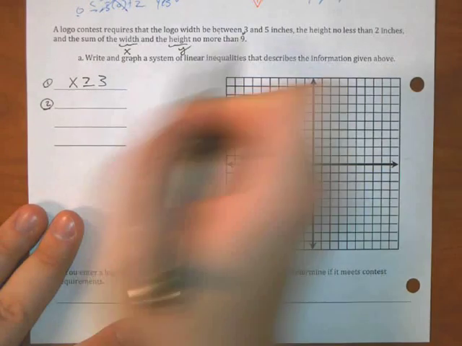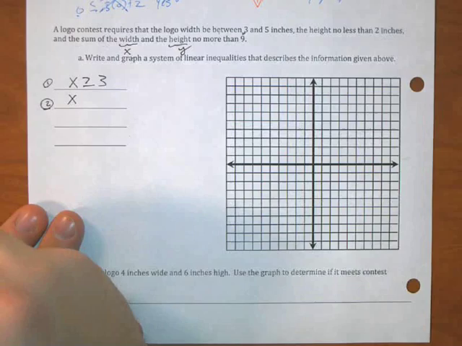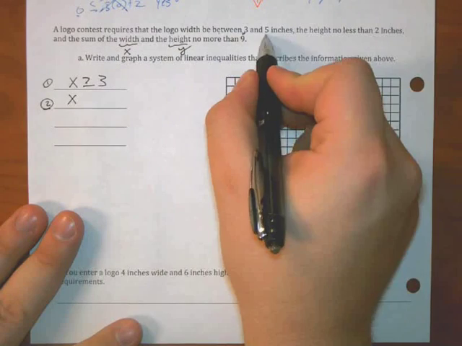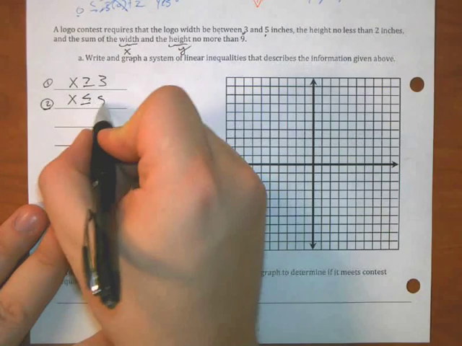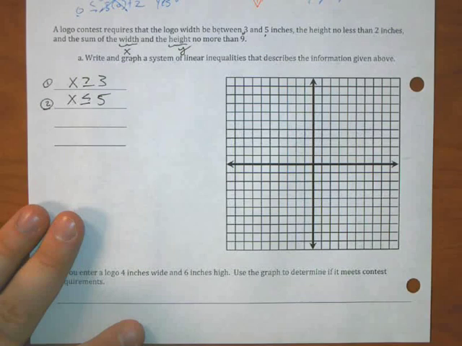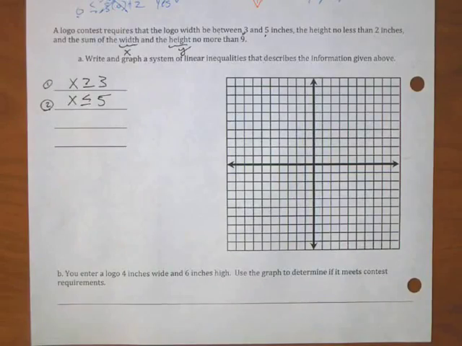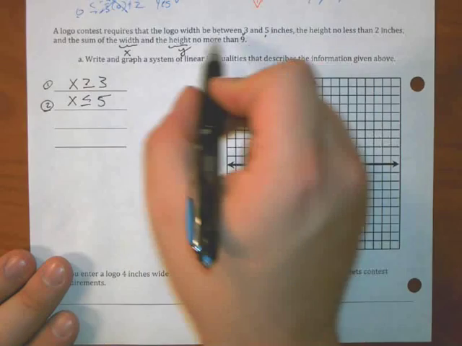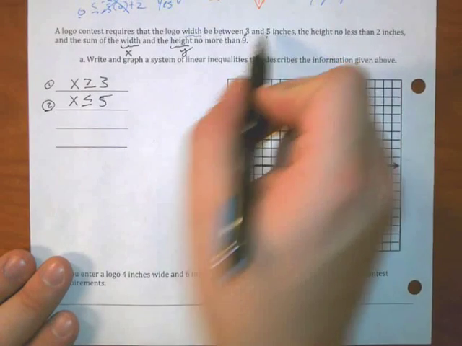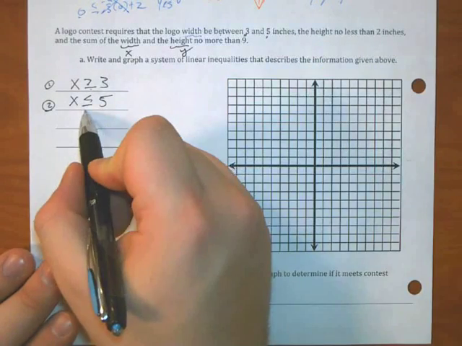If it's between 3 and 5, then where else does x have to be? It better be less than 5 as well. So x is bigger than 3 but less than 5.